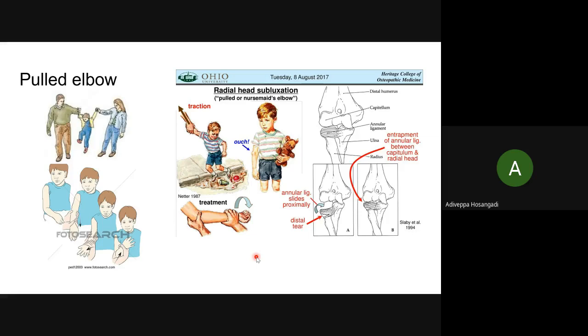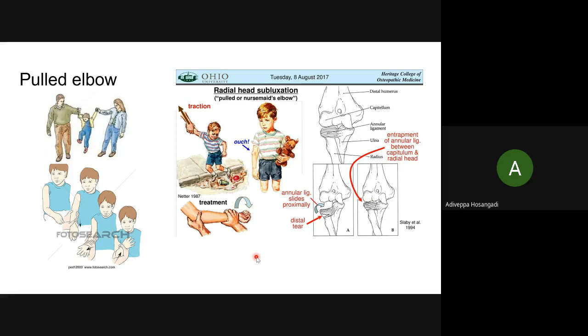But most of the parents or the ayah who is taking care of the children do not tell you the history because they are scared that they have caused some injury to the patient. But you see painful restriction of the elbow, both pronation and supination movement. The child doesn't allow you to touch.